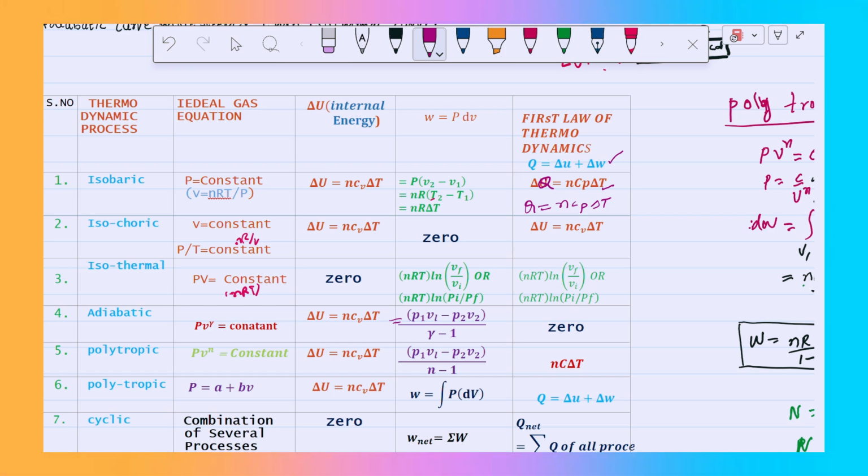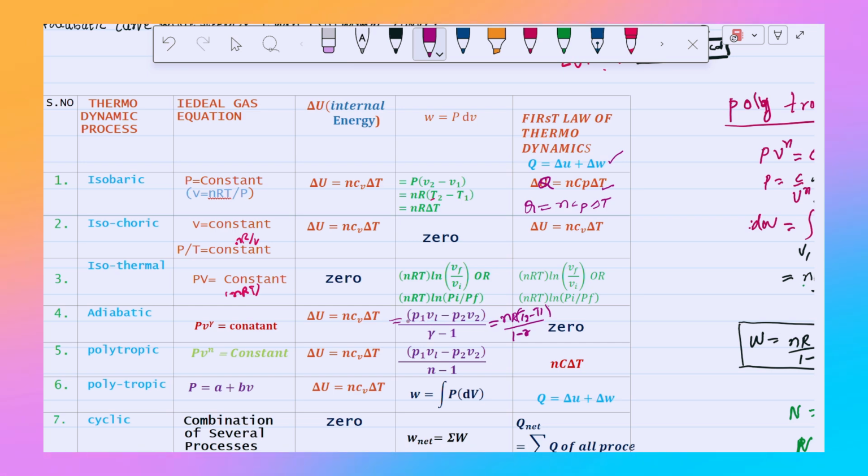This is also equal to nR into (T2 minus T1) by (1 minus gamma), or nR T1 minus nR T2 by (gamma minus 1). So this is the formula. Depends on the given data: if temperatures are given, use this formula; if pressures and volumes are given, use this formula.